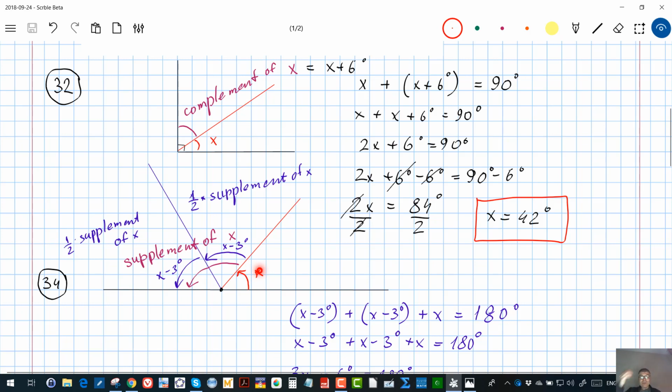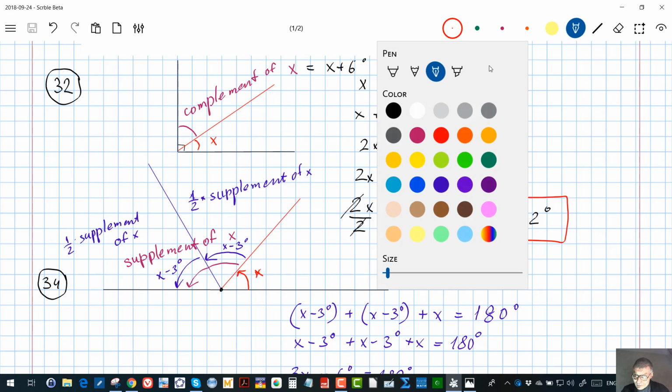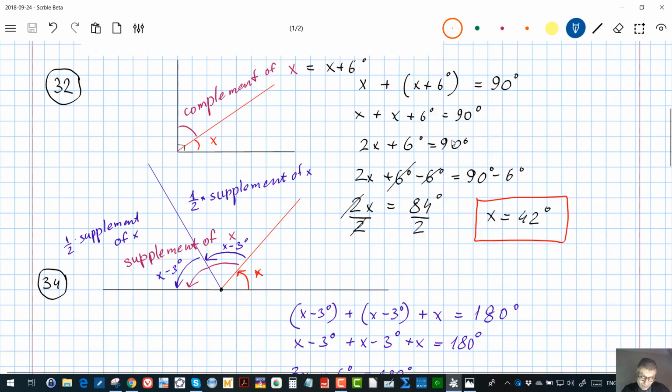You can change it. The alternative way, it's a little bit awkward, but you could, if you call this y and this y, then it will be y plus 3 degrees. That's the alternative.